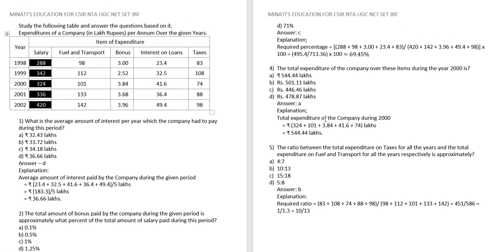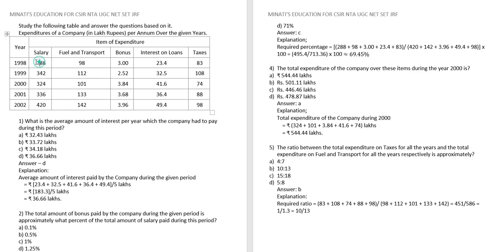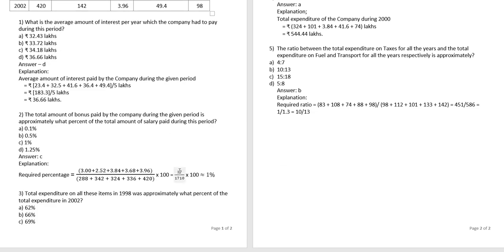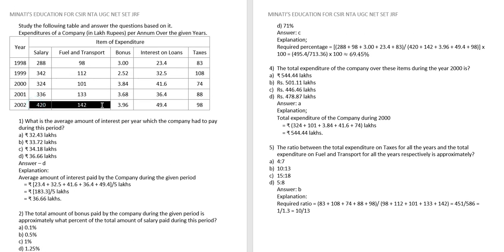So total expenditure in 1998 is 288 plus 98 plus 3 plus 23.4 plus 83, divided by total expenditure of the year 2002, that is 420 plus 142 plus 3.96 plus 49.4 plus 98, into 100.